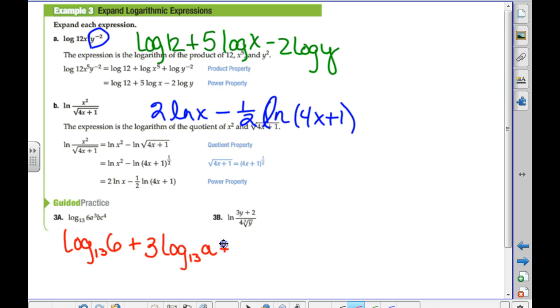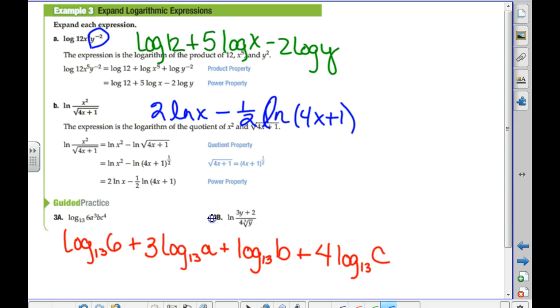Then B, C, 4 log base 13 of B plus one more. I don't think I want that on the quiz just because I don't want to have to grade all those. The little 13 seems like a total waste of time, right?